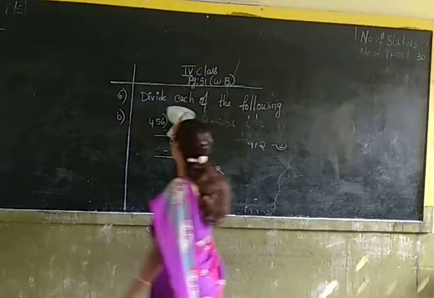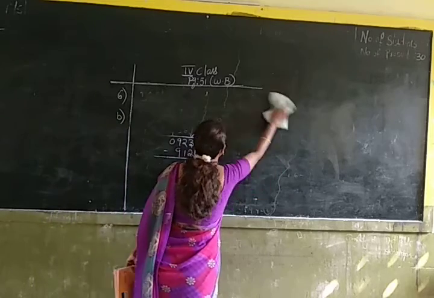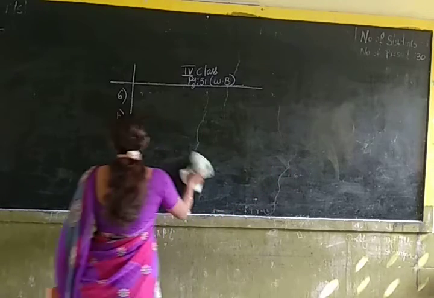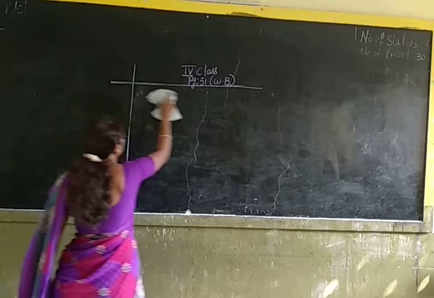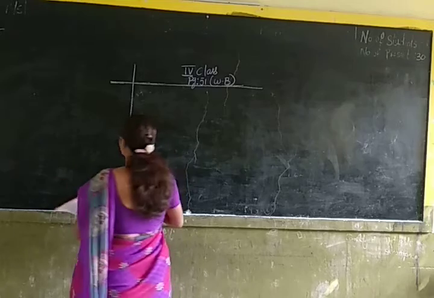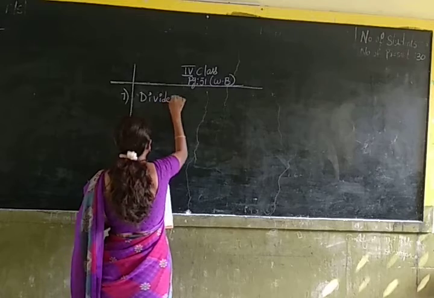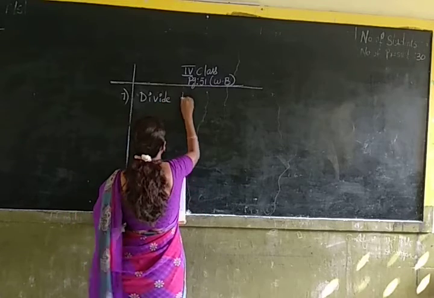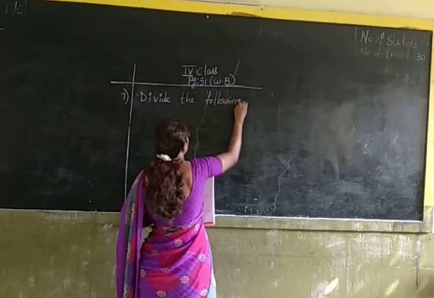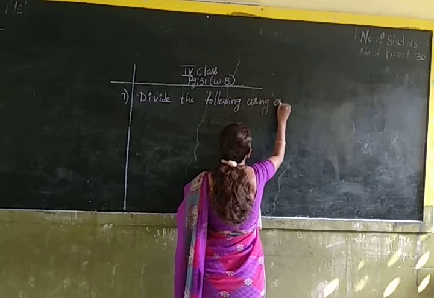Now let us do the 7th sum. Divide the following using estimation.